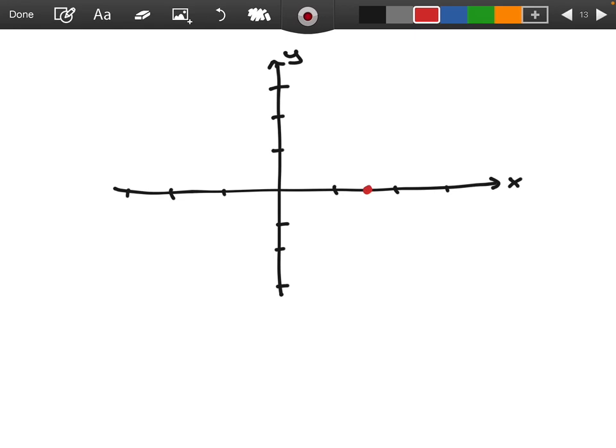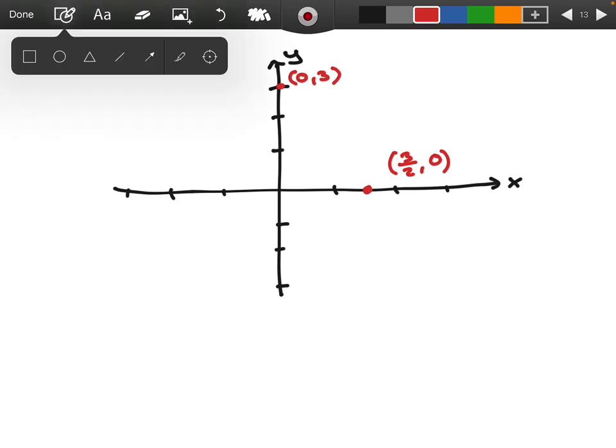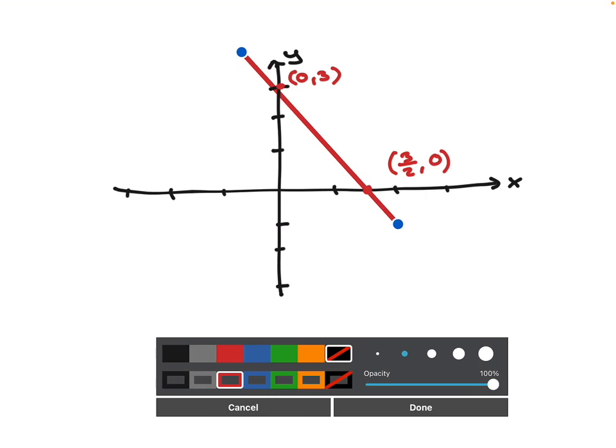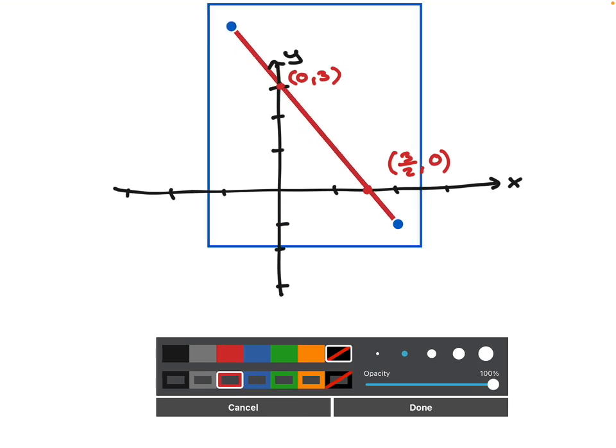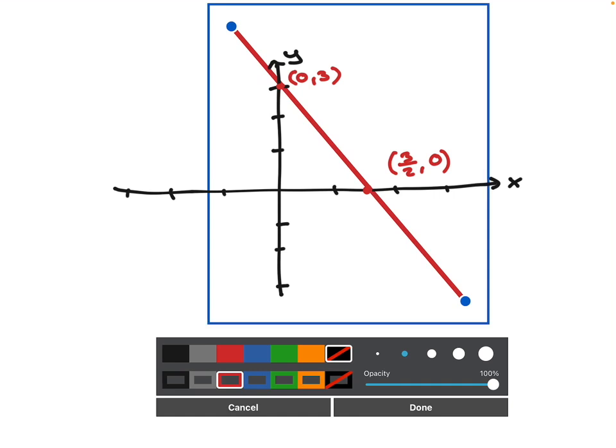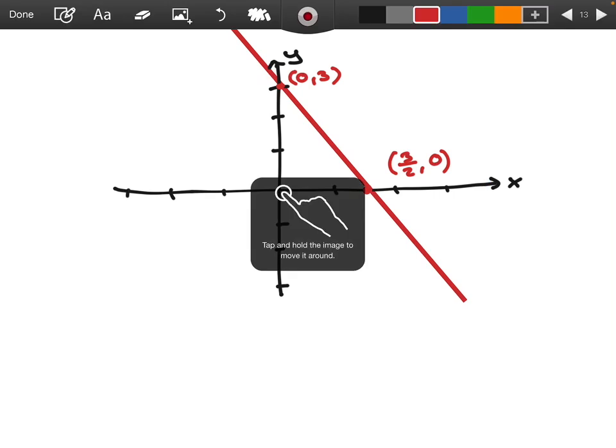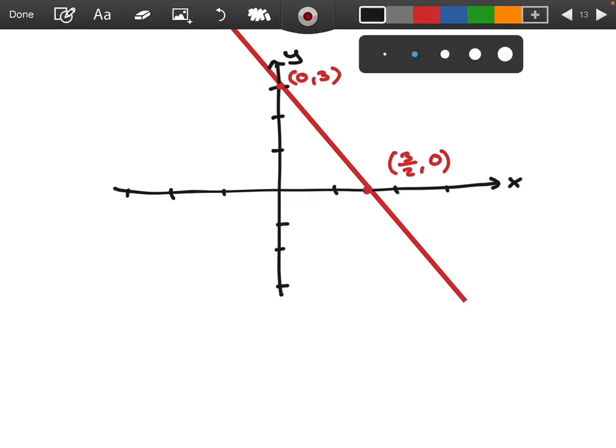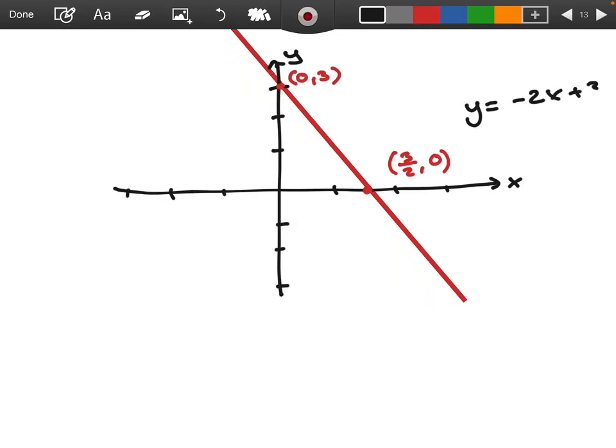So here is my x-intercept. So that's 3 over 2, 0. And then my y-intercept was 0, 3, which is up here. Okay. Then I can join these up and extend the line, and that would be a sketch for my particular linear equation. So that would be my graph. So this is y is equal to negative 2x plus 3. And that's a quick sketch of it.